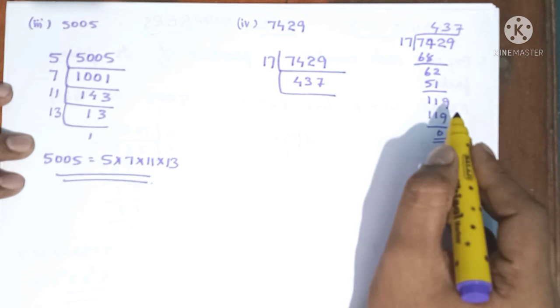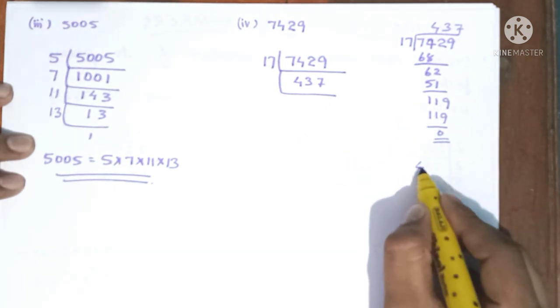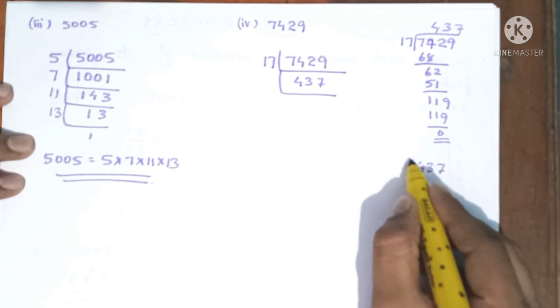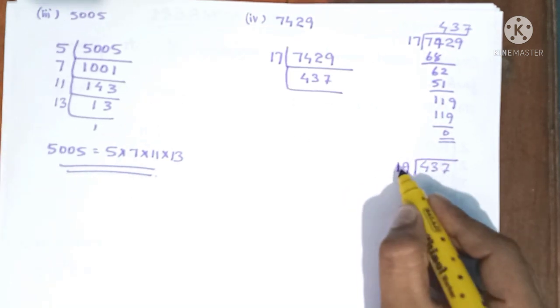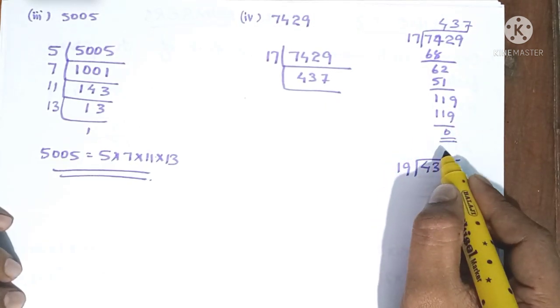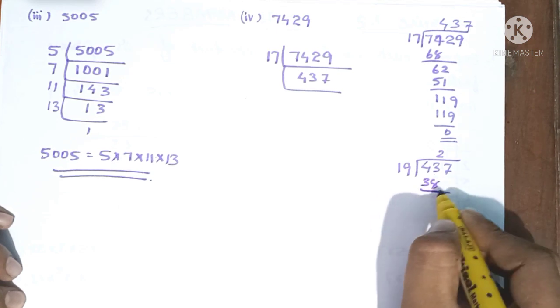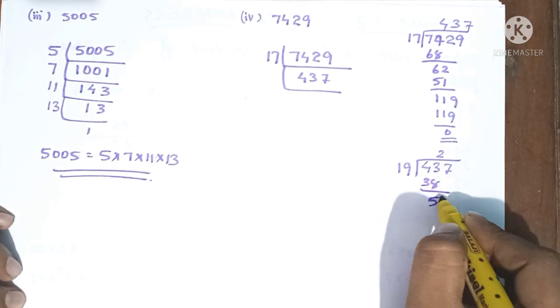So which can be the next number? We'll try for 19. 437 divided by 19. So 2 into 19 is 38. Remainder is 5, 57.